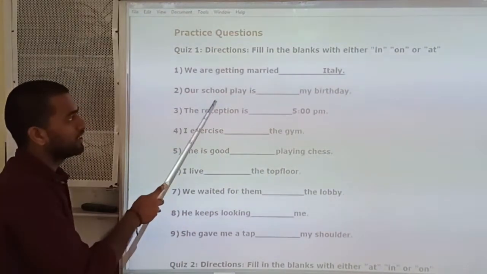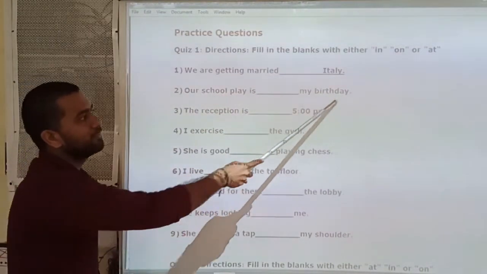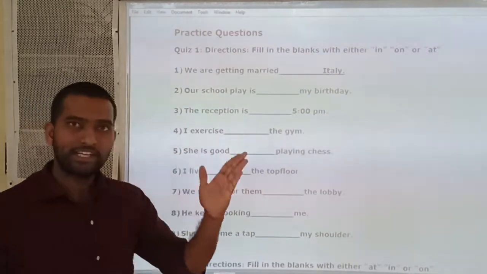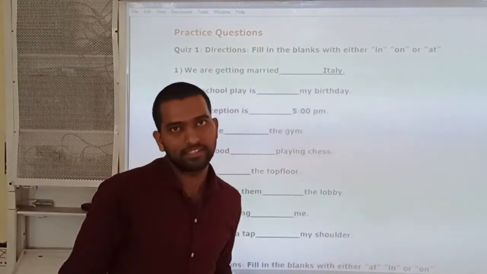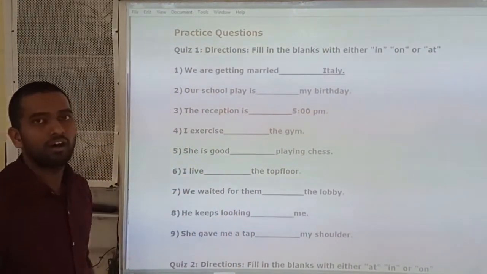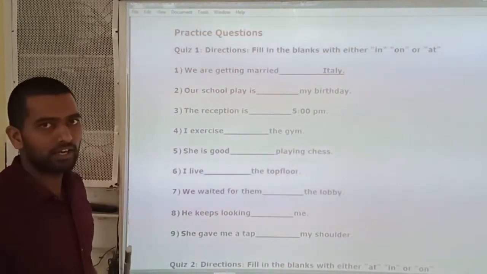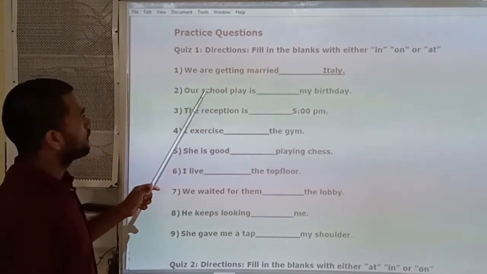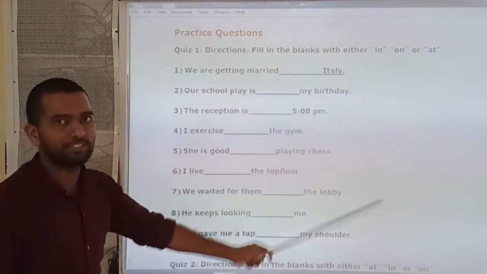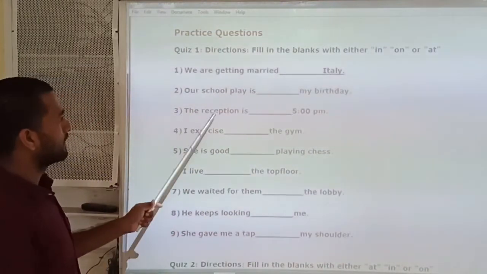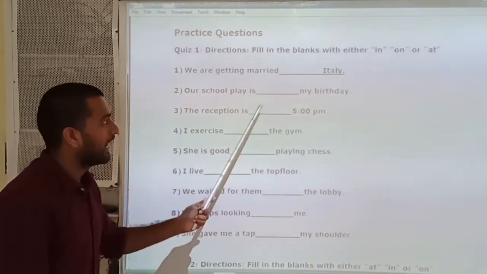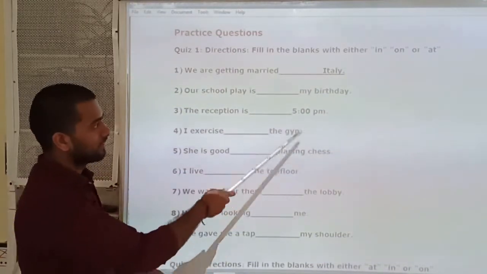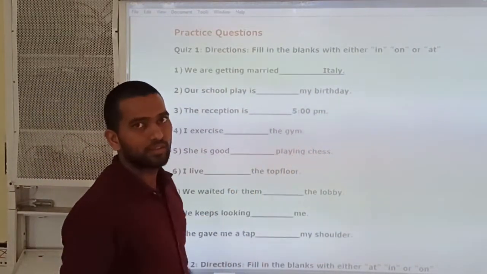Next, our school play is dash my birthday. Before days or dates, we use the preposition on. So your answer is correct. Our school play is on my birthday. Next, the reception is at 5 p.m. because there is a specific time mentioned.